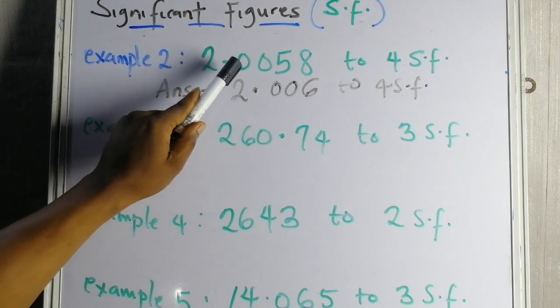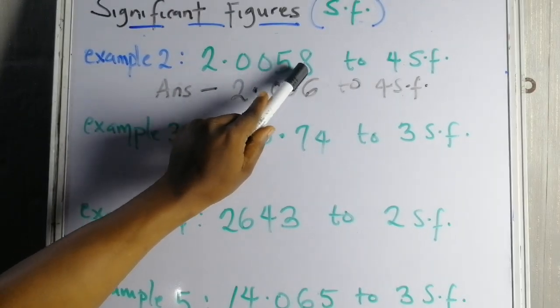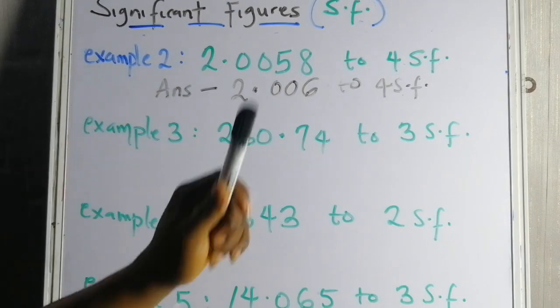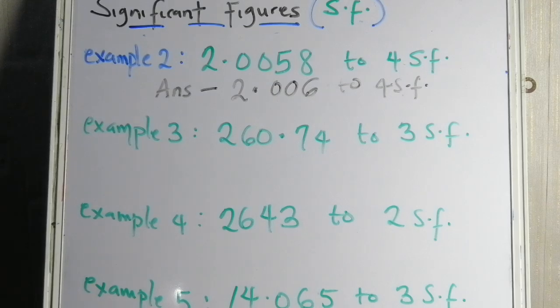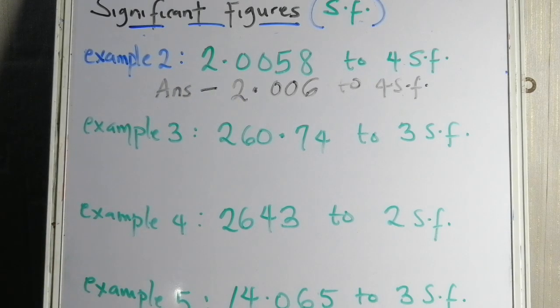That is 1, 2, 3, 4. What's the next digit after that? It is 8, and 8 is greater than or equal to 5, so we approximate 1 to the digit before. So we have 2.006 to 4 significant figures. I've told you, zeros between numbers, you count, but zeros before numbers, you don't count.